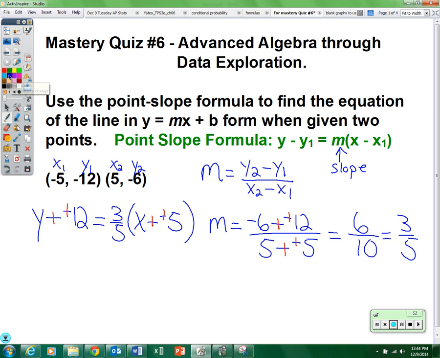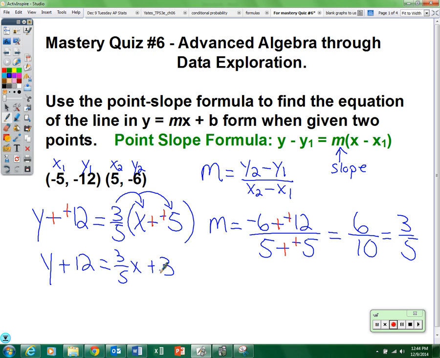Now, the next thing we need to do is take care of the parentheses. So we are going to need to distribute 3/5 times x and 3/5 times 5. So we have y plus 12 equals 3/5 x. 3/5 times 5 will give you 3.